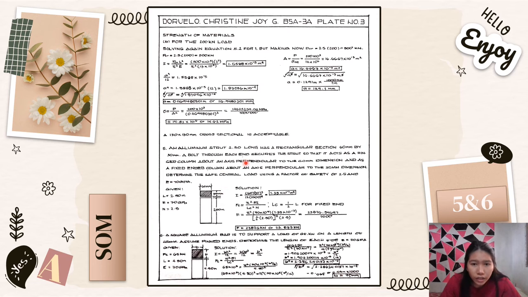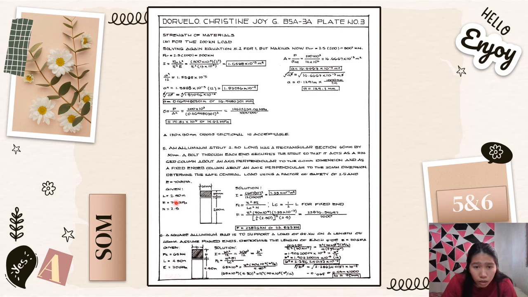A bolt through each end secures the strut so that it acts as a hinged column about an axis perpendicular to the 60 millimeter dimension and as a fixed-ended column about an axis perpendicular to the 30 millimeter dimension. Determine the safe central load using a factor of safety of 2.5 and E is equal to 70 GPa.